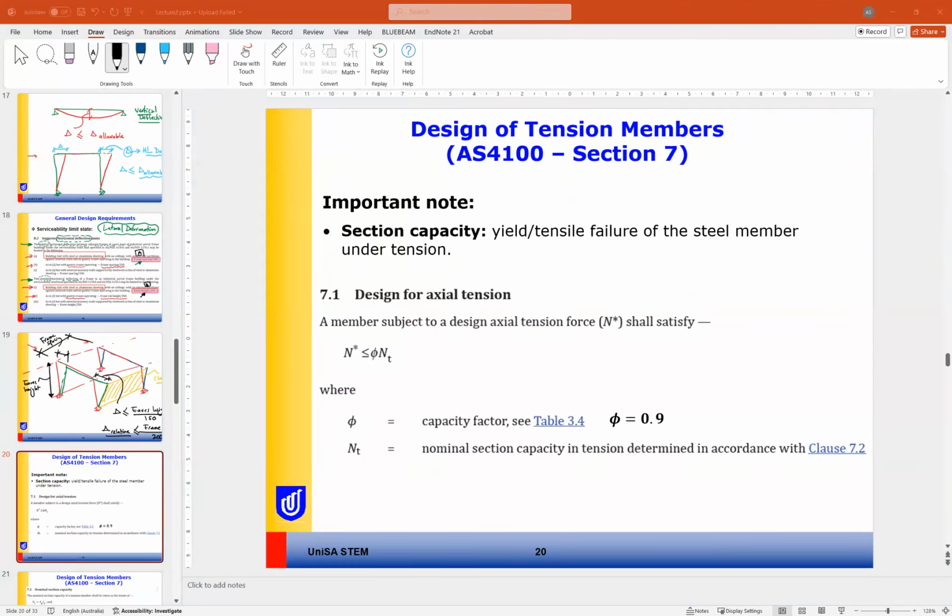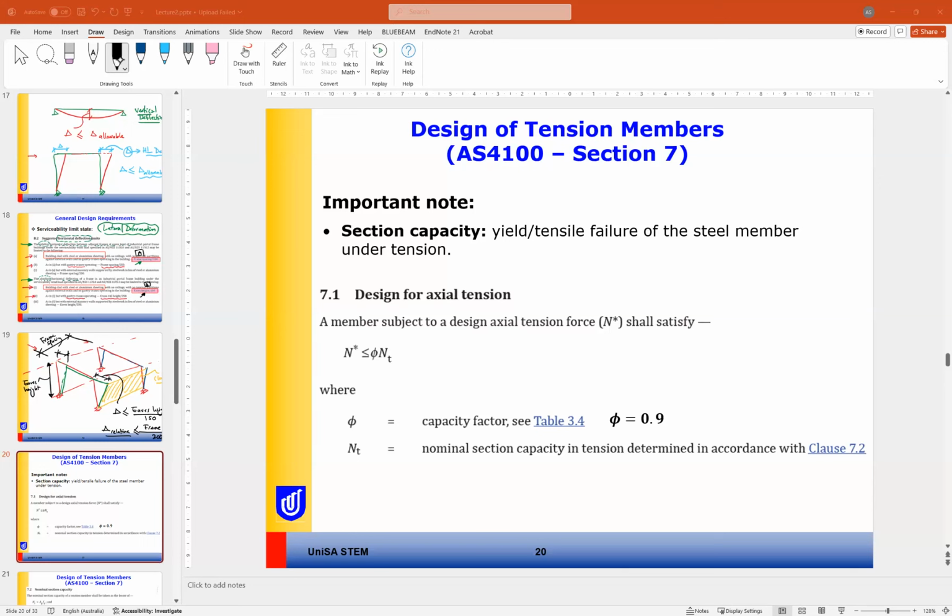Okay, guys. So now we can proceed to the next part, which is the design of tension members. All the previous material was some discussion about the logic and the requirements of steel design according to AS 1170.0 and AS 4100.